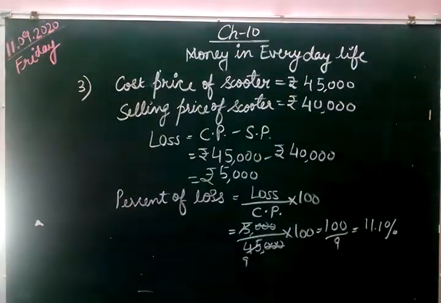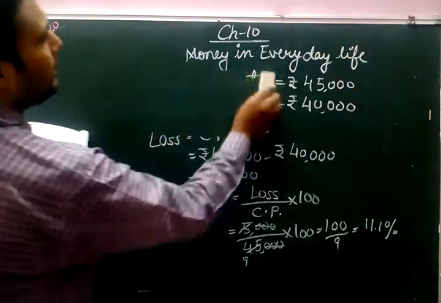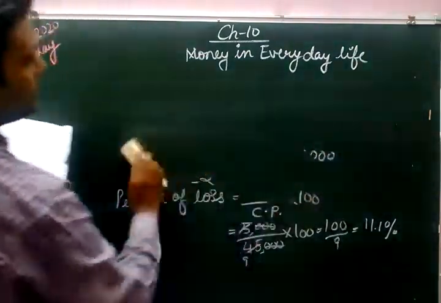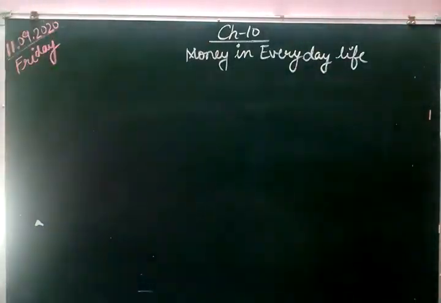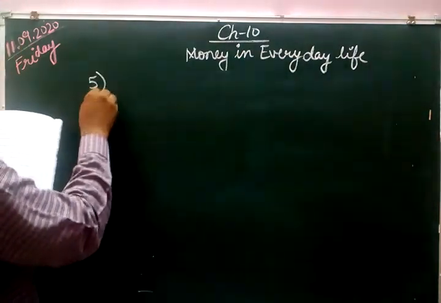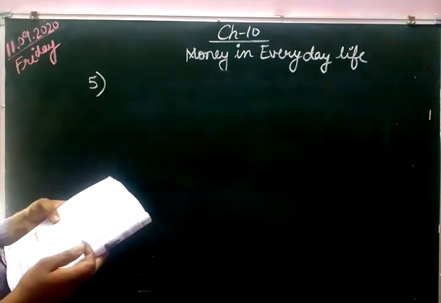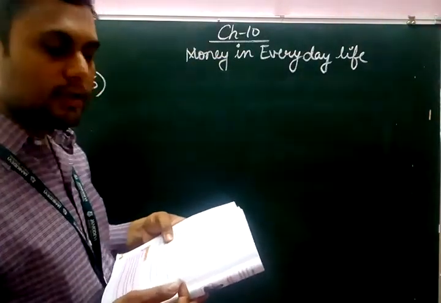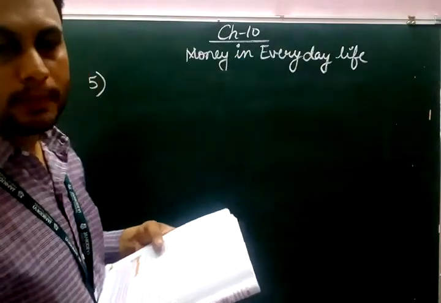Now students, we are going to do the fifth question of this exercise 10.3. The fifth question is given to you. 250 gram of butter was bought for rupees 54 and sold for rupees 52 and 50 paise. Find the loss percent.